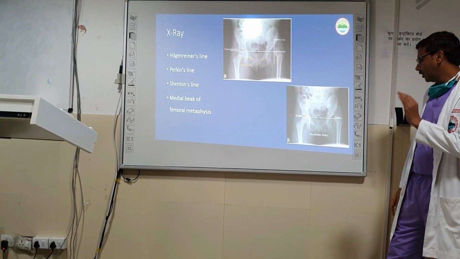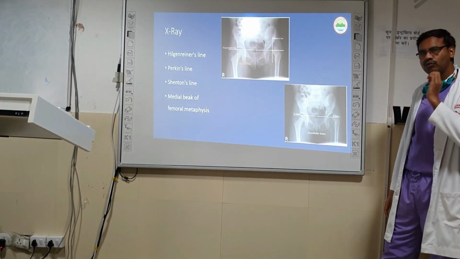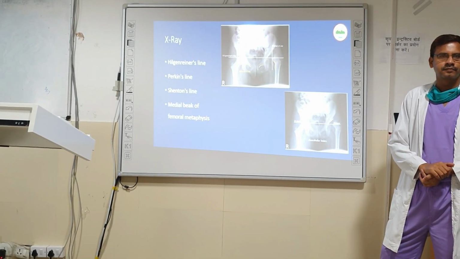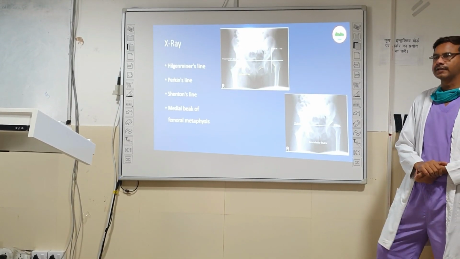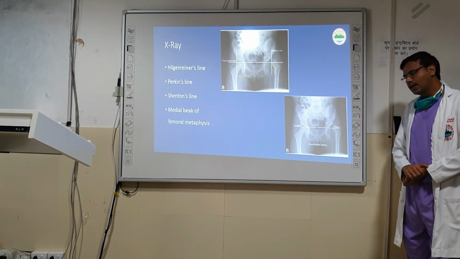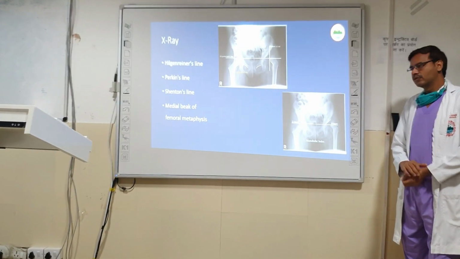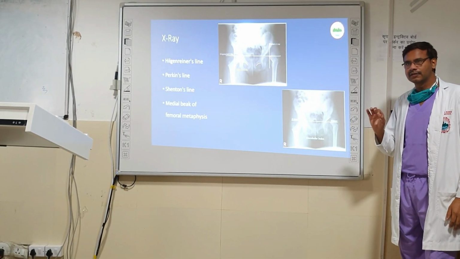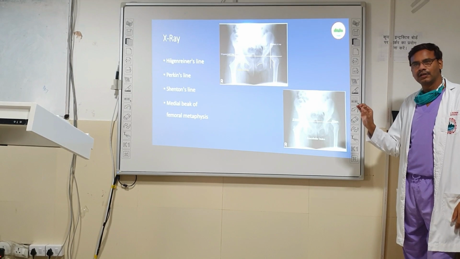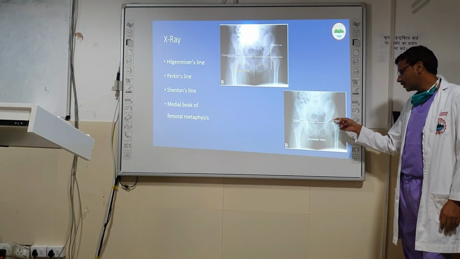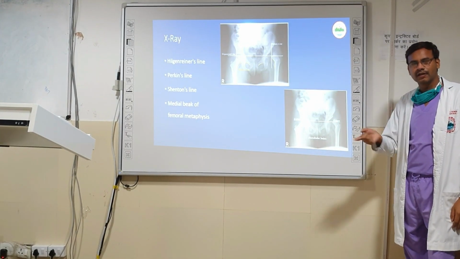Now another important measurement which you should do in every child is the acetabular index. Now what is acetabular index? So first you draw the horizontal line, Hilgenreiner line, across both the triradiate cartilages, and from the margin of the acetabulum you draw another line.